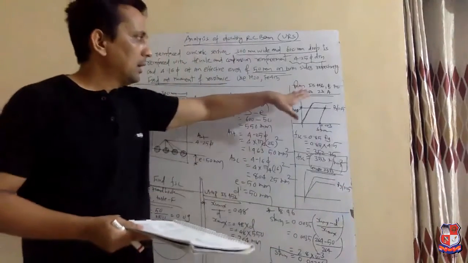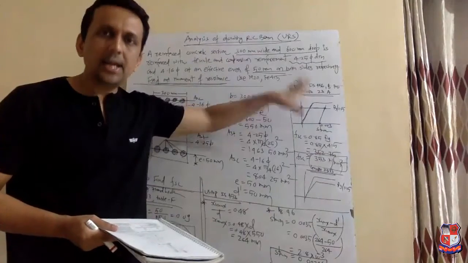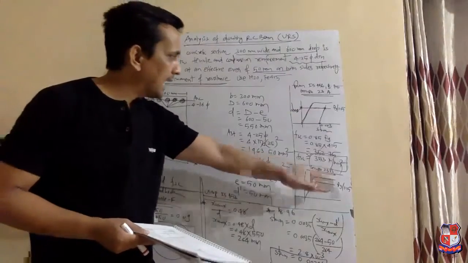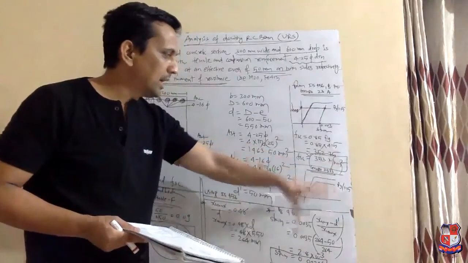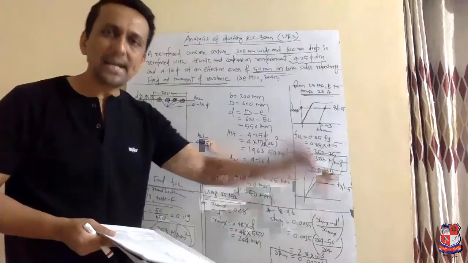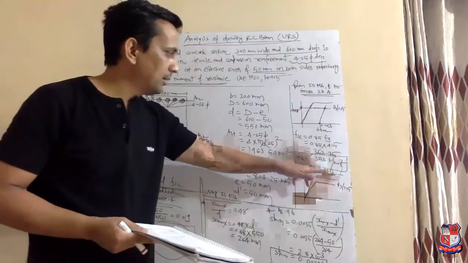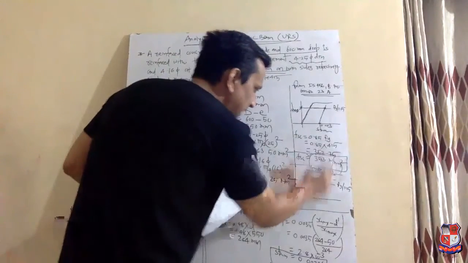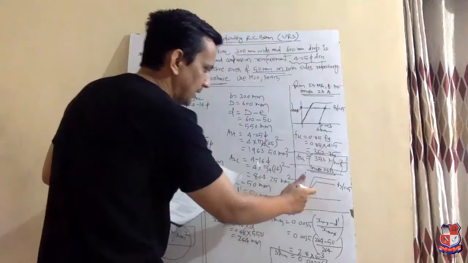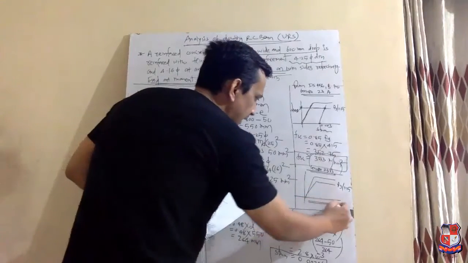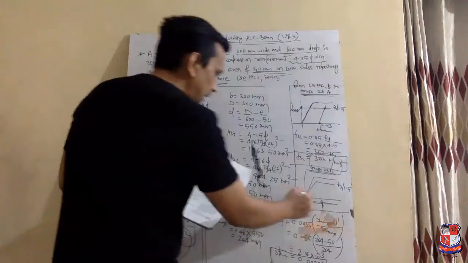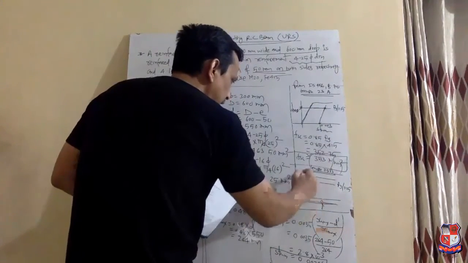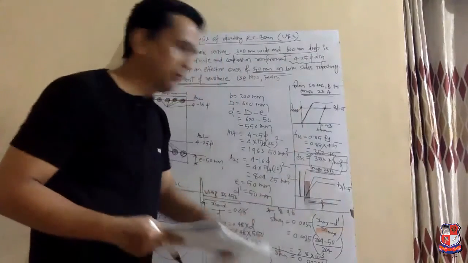See, graph 23a is for Fe 415 and 500 grade steel, and graph 23b is for Fe 250, meaning mild steel. When you observe this graph, you will realize there is no value of strain written here, and there is no value of stress written on the vertical axis.